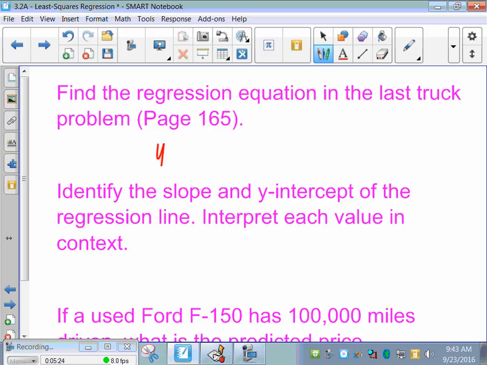So we've got y equals. Now, in rounding, in statistics, you need to do what makes sense. So for the miles, we could probably round to the whole mile. So someone tell me that number for the y-intercept, the b, the first number. Was it like 38,257? Is that what you guys got? Okay.